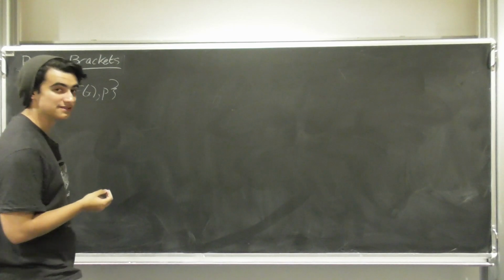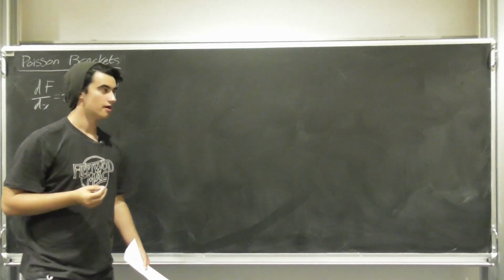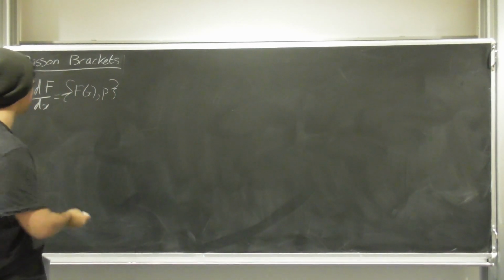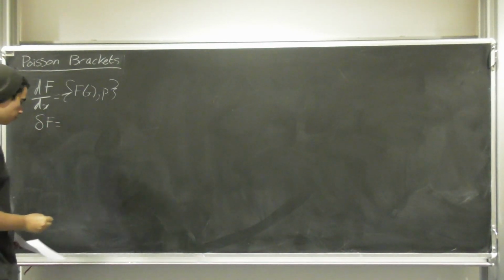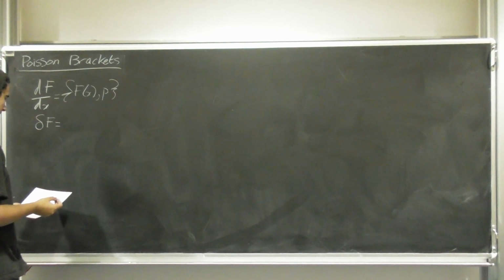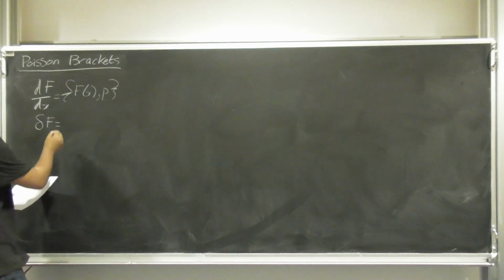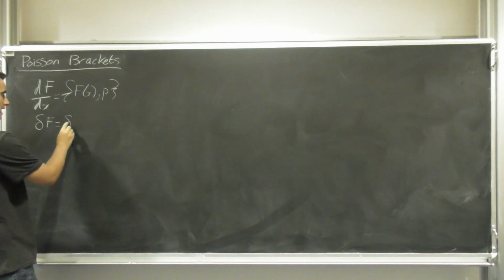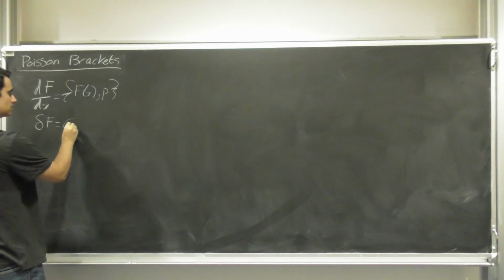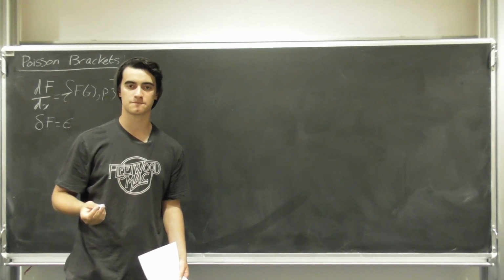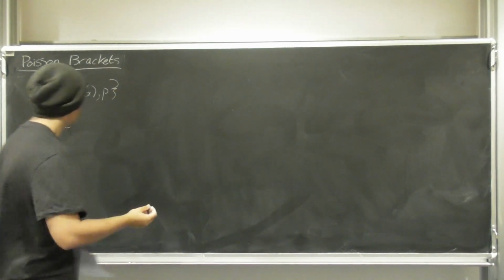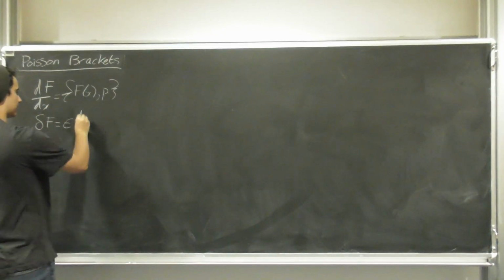And this basically says that under a small transformation, the change in f would be the same as some small number epsilon times df dx.